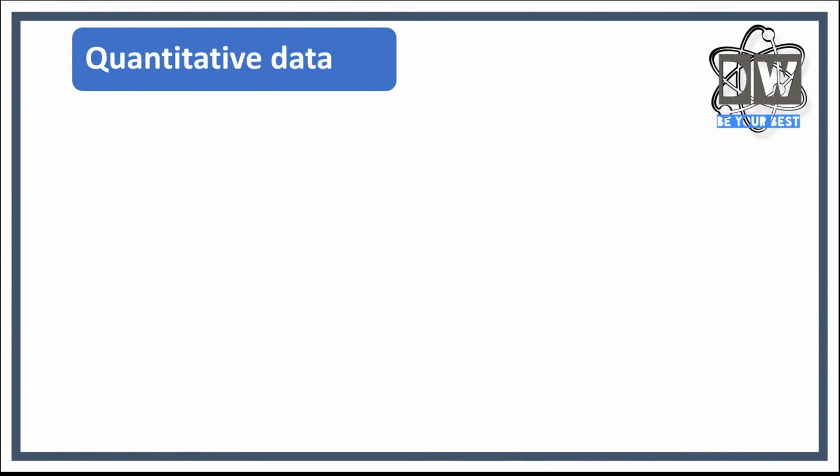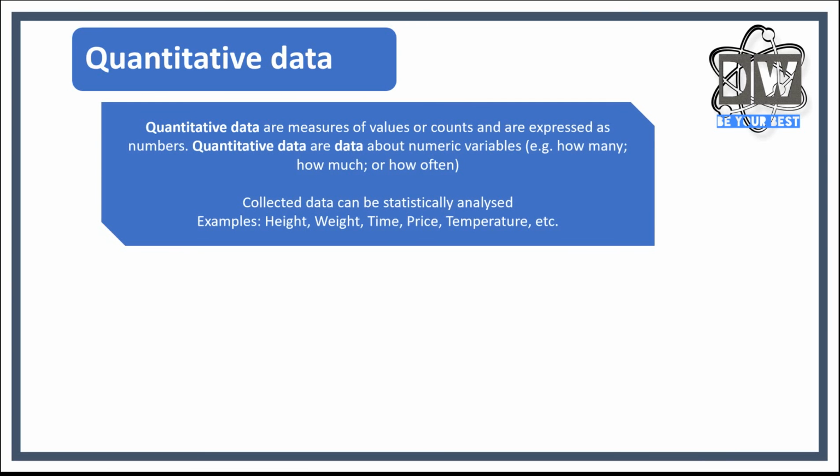So we've got our quantitative data. This is where it gets a little bit more difficult. Quantitative data are measures and values or counts and are expressed as numbers. Quantitative data are data about numerical values: how many, how much, how often. So it's not just purely, is it discrete?